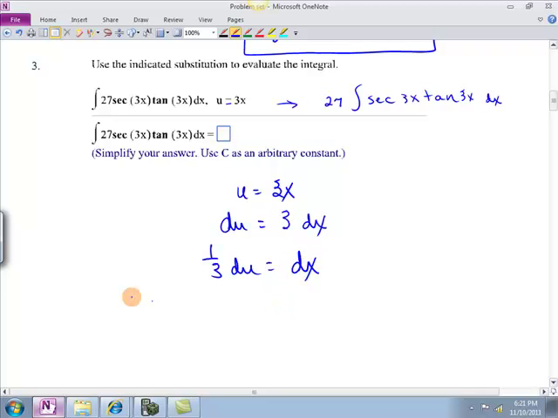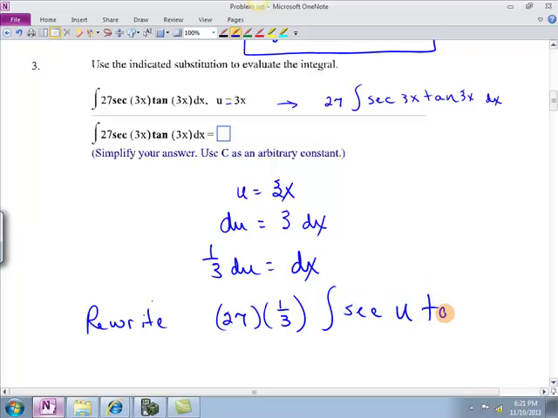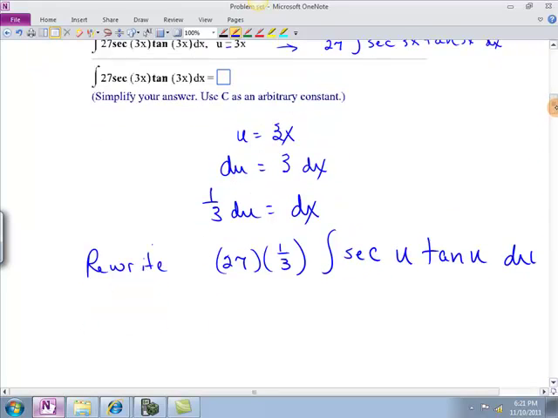So now when I rewrite, I'm going to write both things just so we can see it. That's all out. And then I have secant u tan u du. Is there an integral rule for that?